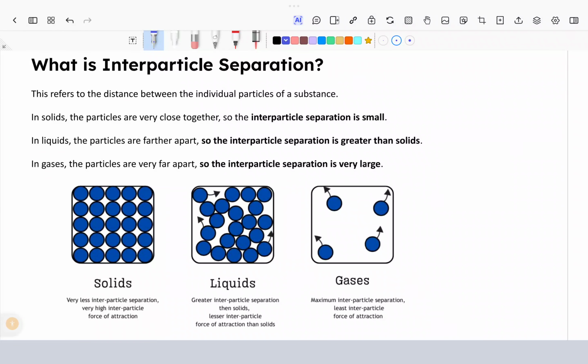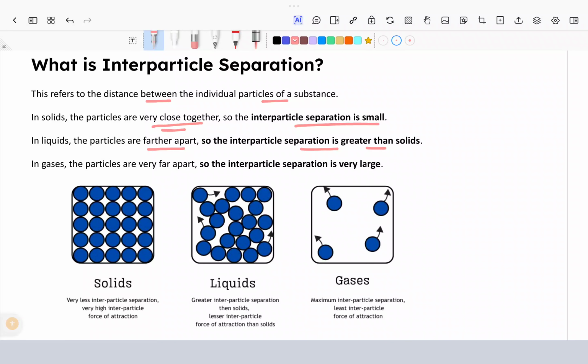So, what is interparticle separation then? This refers to the distance between the individual particles of a substance. In solids, the particles are very close together, so the interparticle separation is very small. In liquids, the particles are further apart compared to solids, so the interparticle separation is more than that of solids.